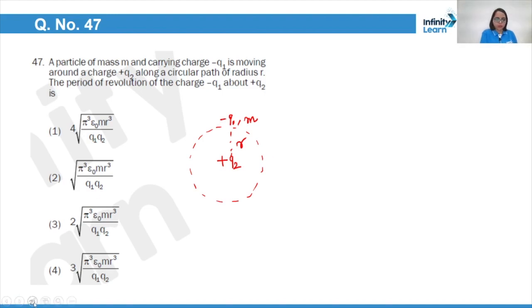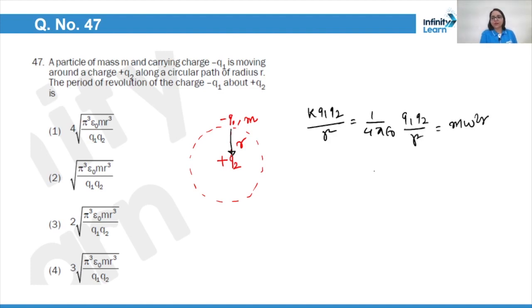So centripetal force is provided by the electrostatic attraction over here, electric force, right? Which is K q1 q2 upon r square, which is equals to 1 upon 4 pi epsilon naught q1 q2 upon r square, which is equals to m omega square into r. So you can write omega square as q1 q2 upon 4 pi epsilon naught r cube.